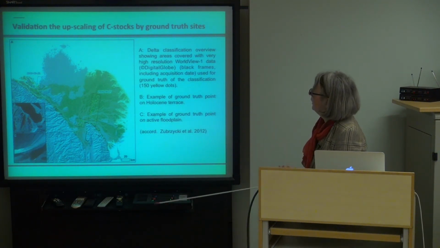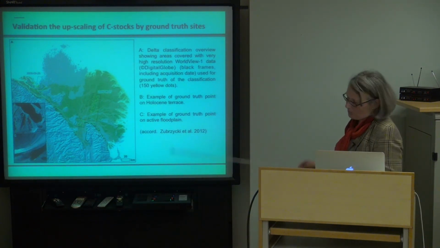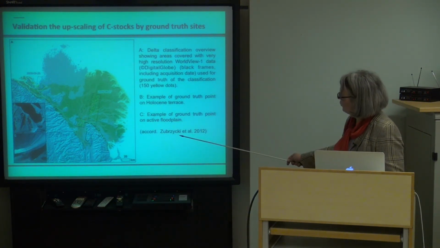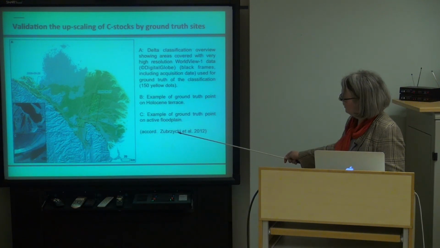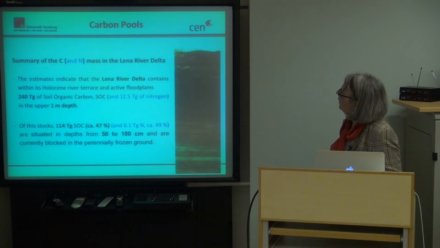And so we had a good feeling for getting this upscaling in this field. It was a very nice job done by Sebastian Zubriczki, and he published this in a good journal.